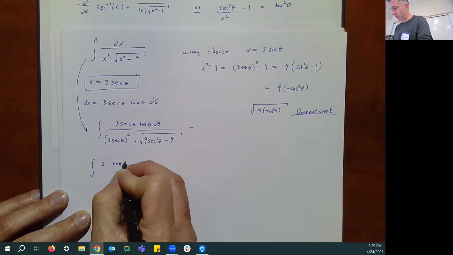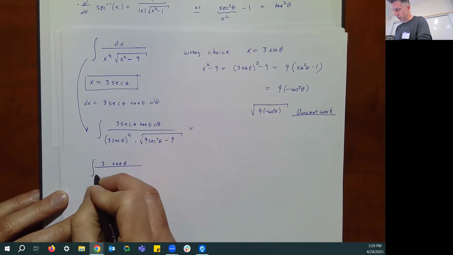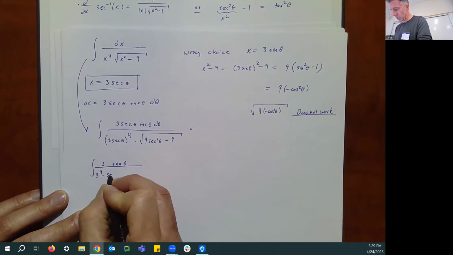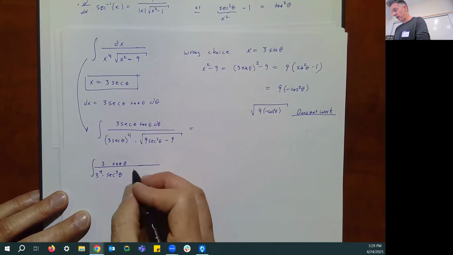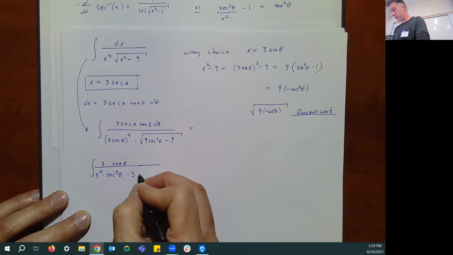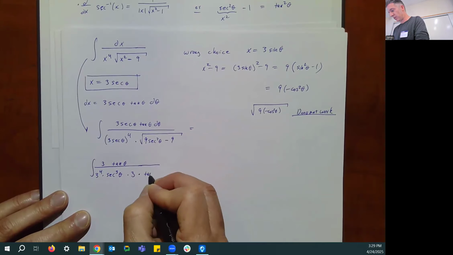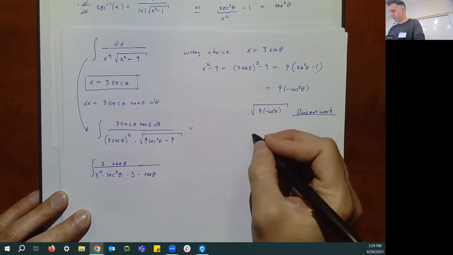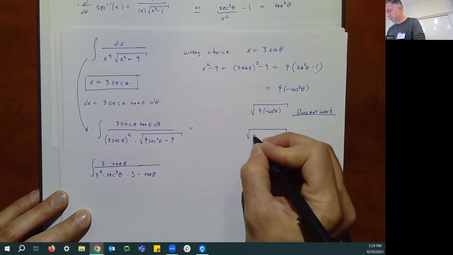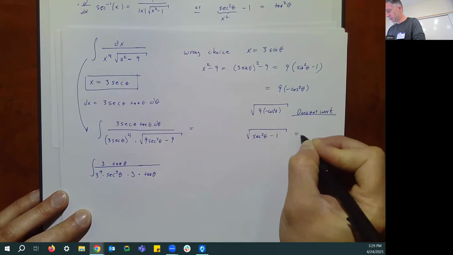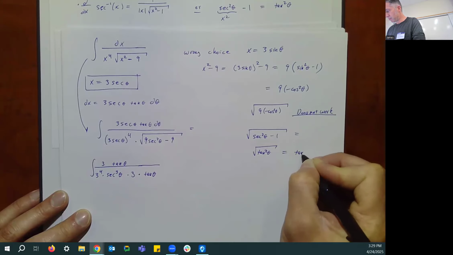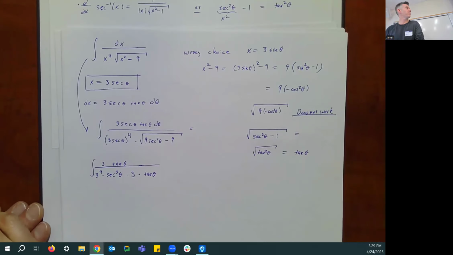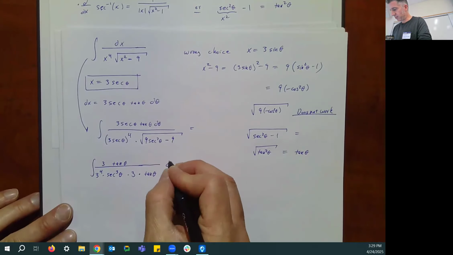Oh well. 3 tangent theta over 3 to the fourth times secant cubed because I canceled one of the secants. And then the square root of 9 is 3. The square root of secant squared minus 1 is tangent theta. That's what's going on there. d theta.